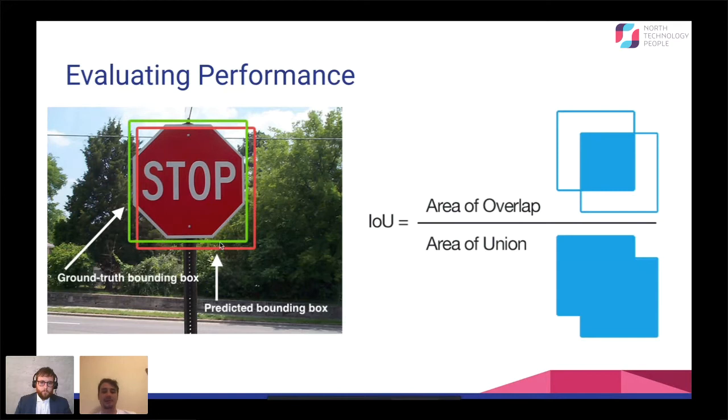To see how good this prediction is, we could use the intersection over union, which is basically looking at the area of overlap between the ground truth box, which we know is the true object, and our prediction. And then we divide it by the area of the union.